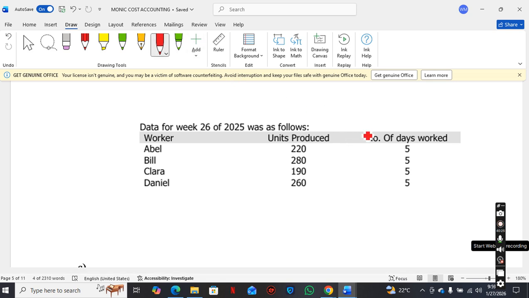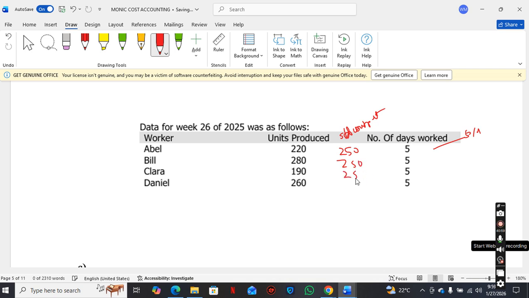So let's first tabulate the standard, what's expected from each worker. The standard output basic. So if it says 50 units per day and you work 5 days, each of these workers is expected to produce 250 units for the 5 days they work.